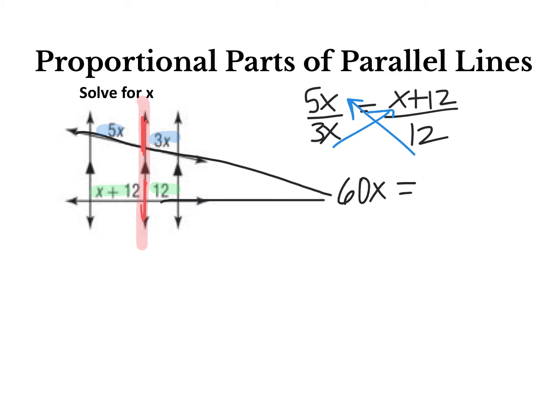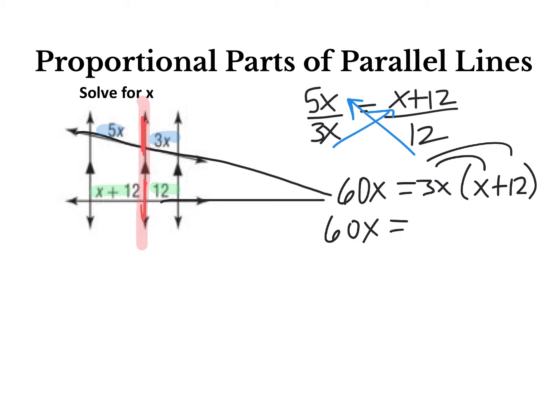As you cross multiply, you have 3x times x plus 12. Now, because we're multiplying two terms, we have to distribute. So we have 60x equals, when you distribute, 3x squared.